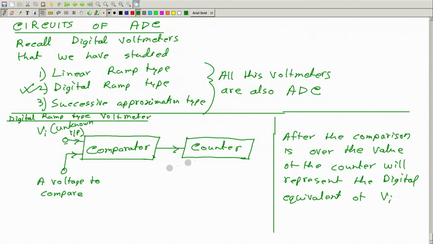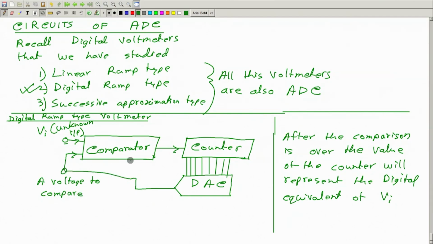What do we have from this counter? We have a DAC. We haven't seen the circuit of a DAC yet. We shall see that soon, but we know what it does. It takes the outputs from the counter, 1, 2, 3, 4, 5, 6, 7, 8 maybe, and converts it into a voltage to be compared.